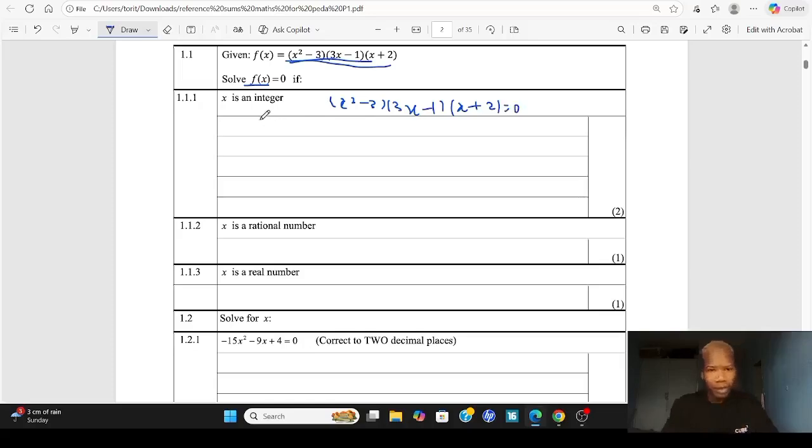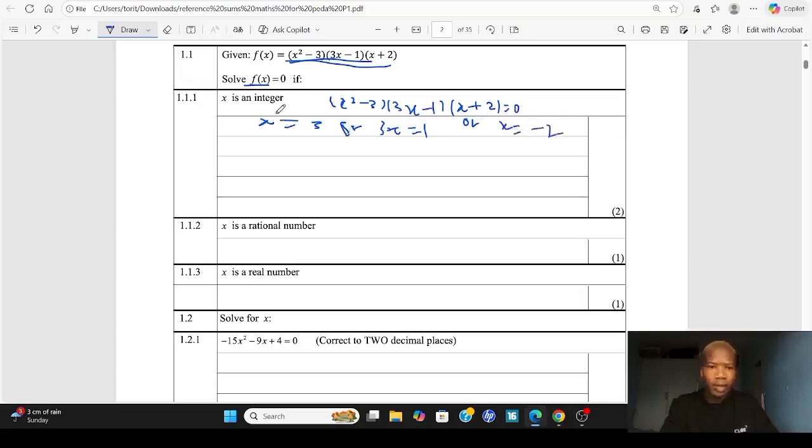So we say x squared is equal to 3, or 3x is equal to 1, or x is equal to minus 2.